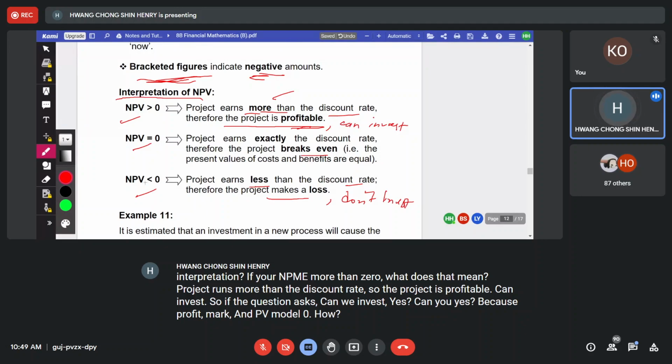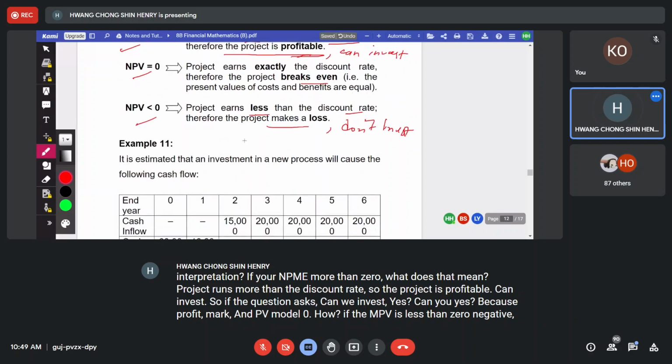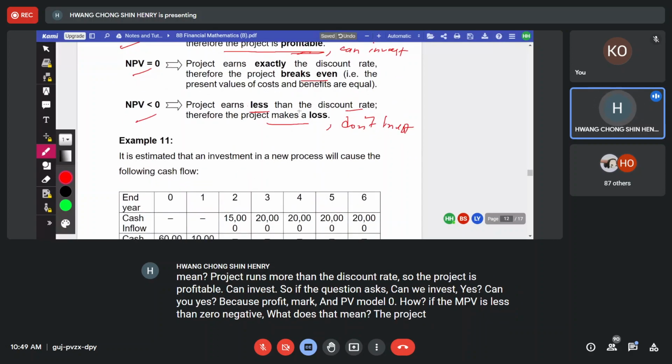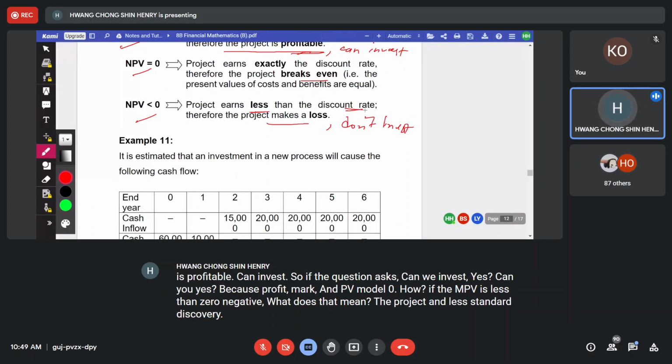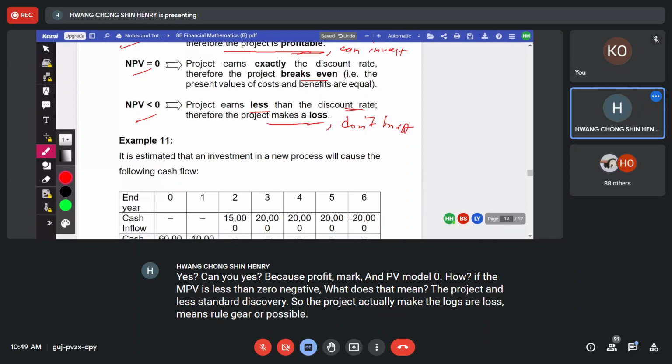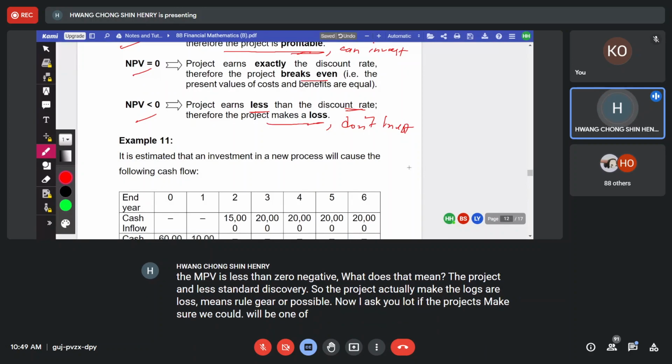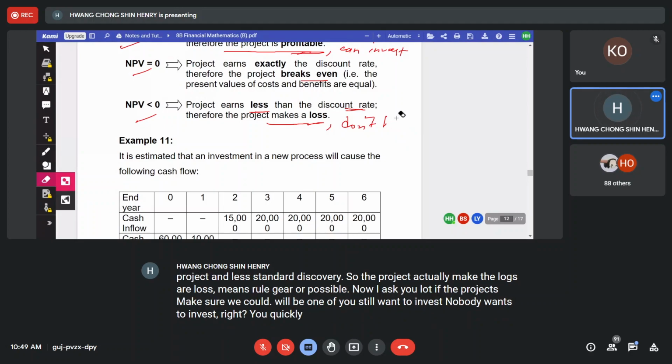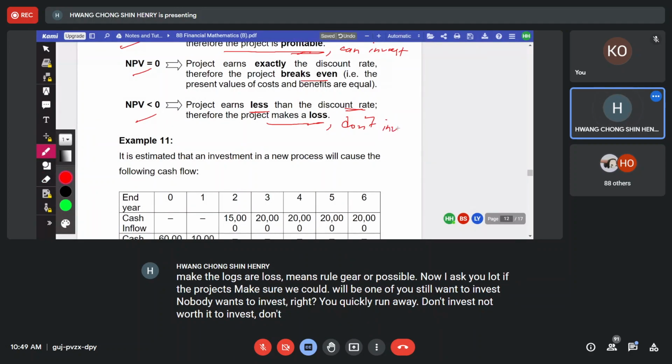If the NPV is less than 0, negative, what does that mean? The project earns less than the discount rate, so the project actually makes a loss. Loss means rugi, as we call it in Malaysia. Now I ask you, if the project is rugi, do you still want to invest? Nobody wants to invest, right? You quickly run away. Not worth it to invest. Don't invest.